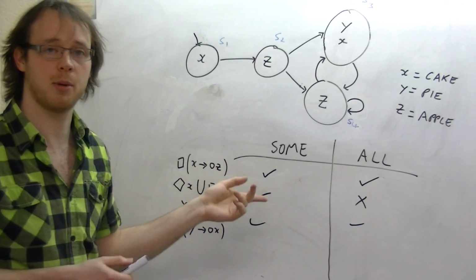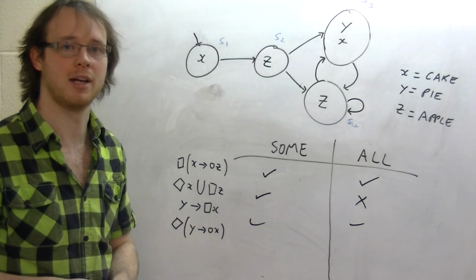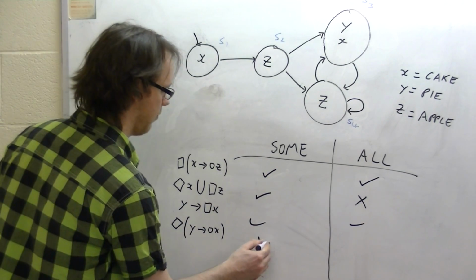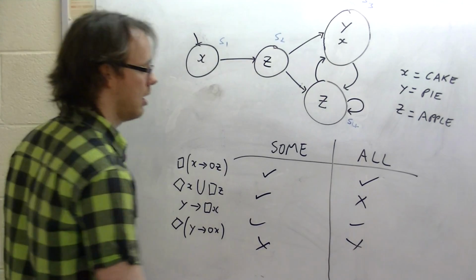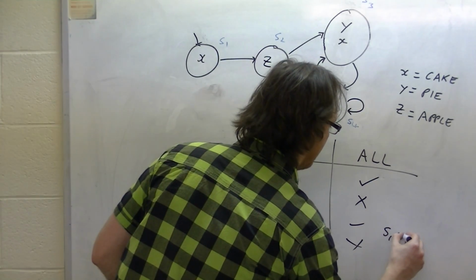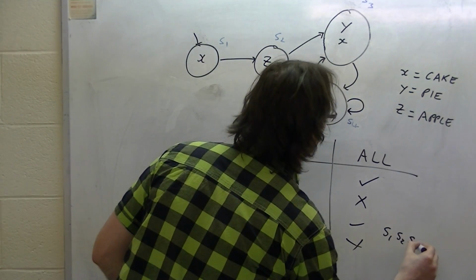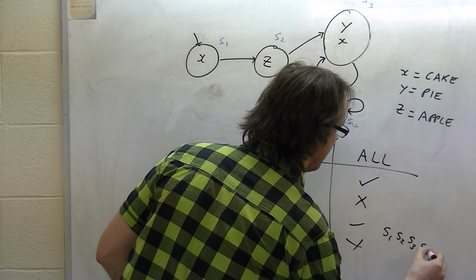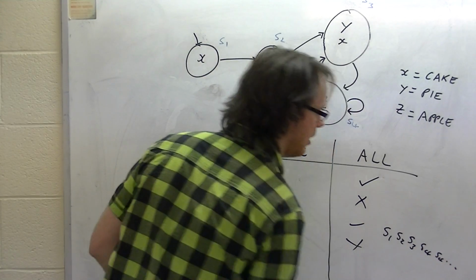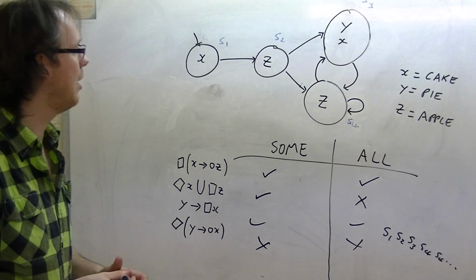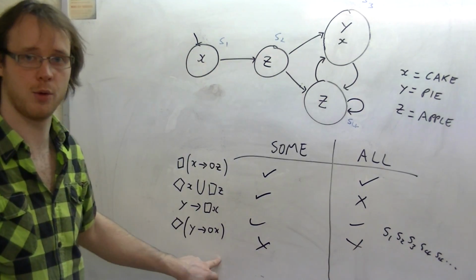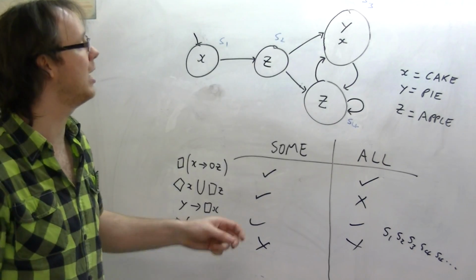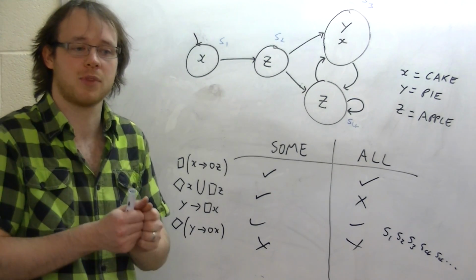But to give an example of one path which breaks this, we'd have S1, S2, S3, S4, S4, so S4 forever. And we need an infinite path to show that this doesn't hold, because if we only give a finite path, then we don't know about the future.